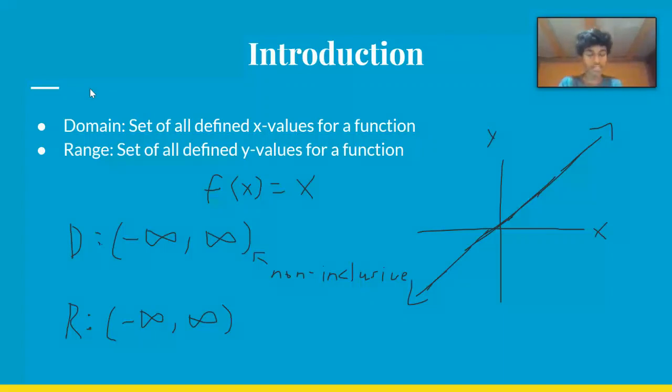So for domain, you look at the x values; we can input any value and we'll get a real output. For range, what are all the possible real outputs? Any real number would suffice. So our domain and range are both from negative infinity to positive infinity for this function.